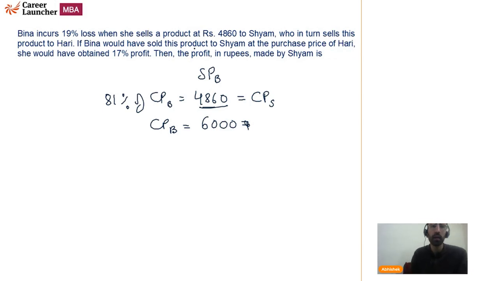Had Bina sold this product at the purchase price of Hari, then she would have obtained a 17% profit. The question is trying to say that the cost price to Hari is 17% more than 6,000, because that indicates a 17% profit to Bina. So 6,000 into 1.17, or just add 17%.